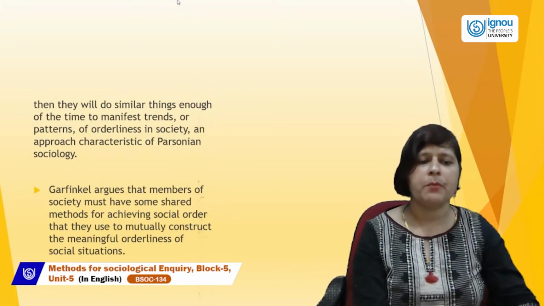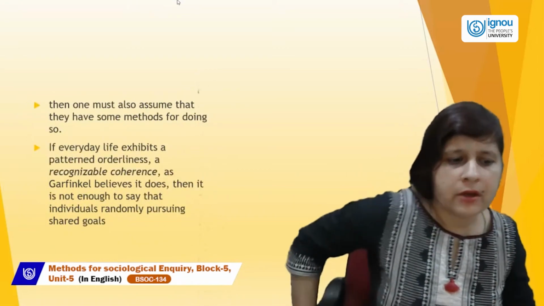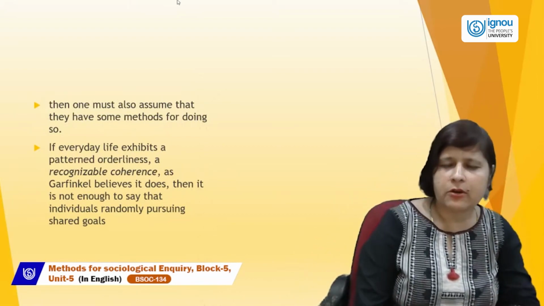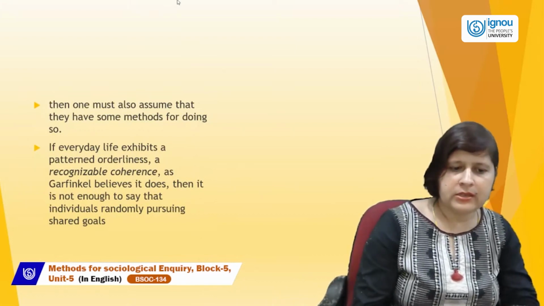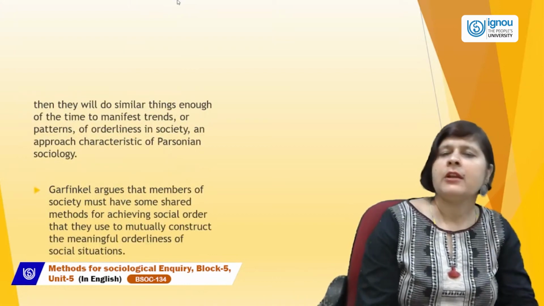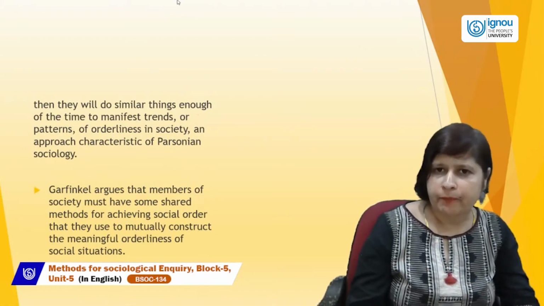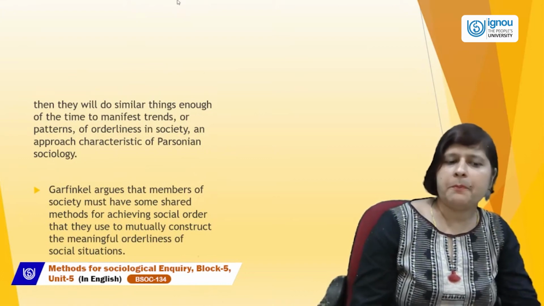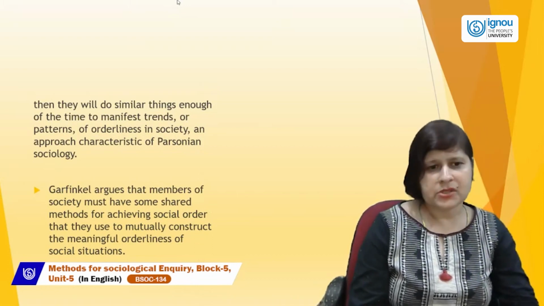characteristic of Parsonian sociology. If you observe a recognizable coherence and an orderly pattern, it is not enough to say that individuals randomly pursue shared goals and then do similar things again and again to make that trend or pattern of orderliness common in society.